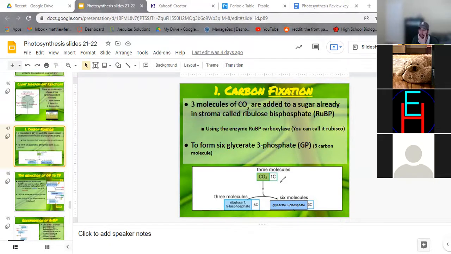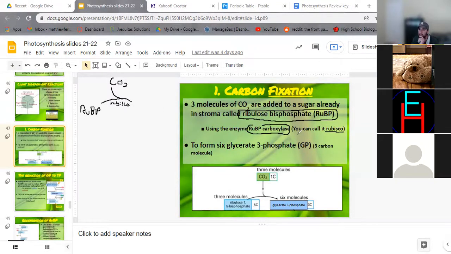Just recognize that in the first step, carbon fixation, atmospheric carbon dioxide is attached to a molecule called RuBP. So CO2 enters and it's attached to RuBP via an enzyme called RuBP carboxylase, which is referred to as Rubisco.